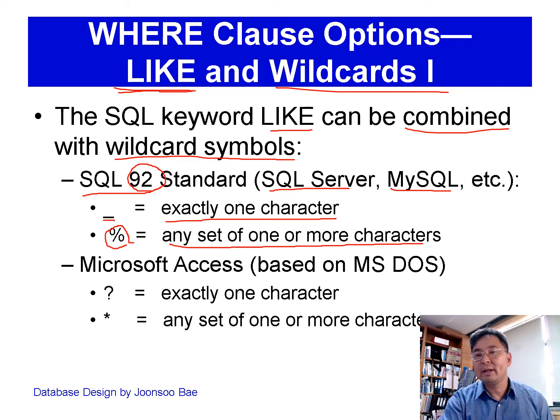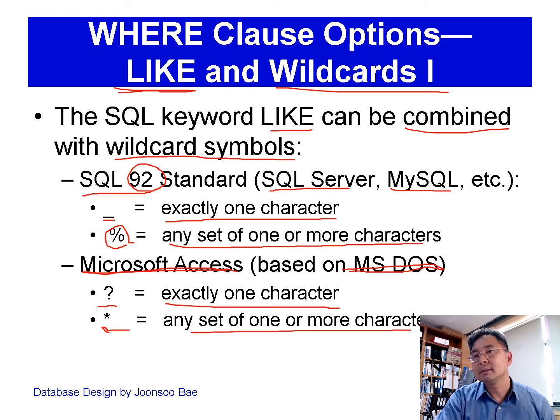In comparison, Microsoft Access is based on MS-DOS, a very old operating system. MS-DOS also has wildcard characters. There, question mark means exactly one character, and asterisk means any set of one or more characters.